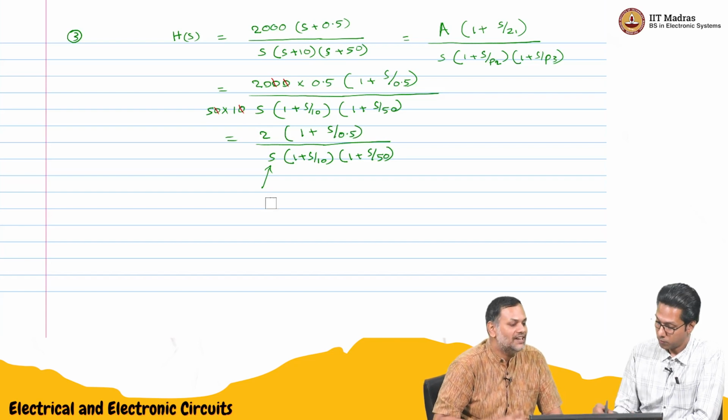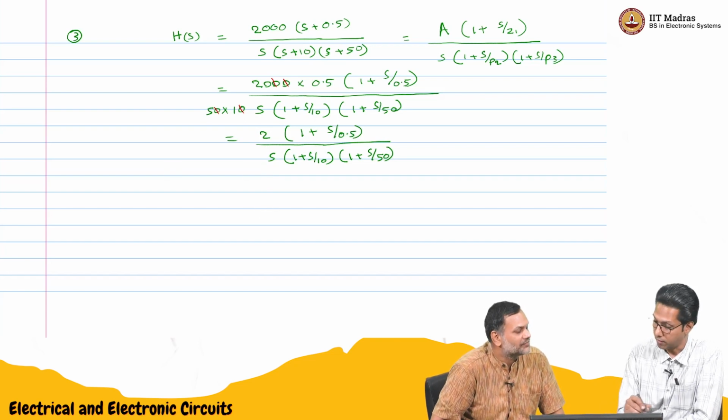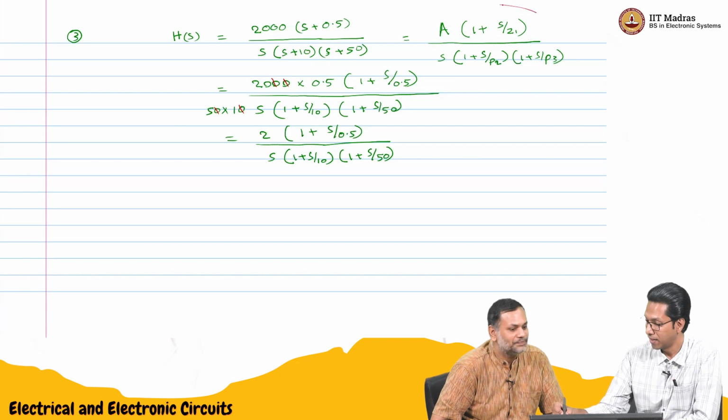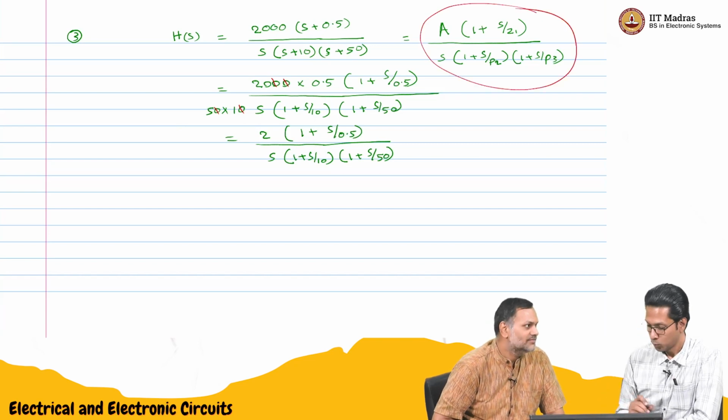So first we'll write it in j omega. This we have only formed the H of s in this form. Okay.